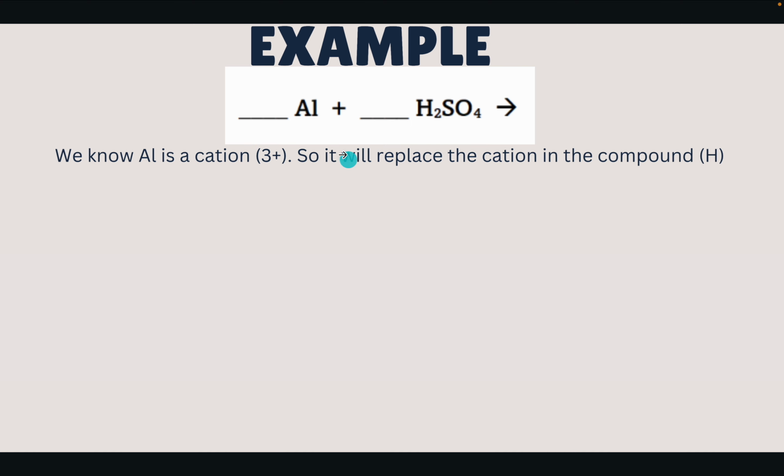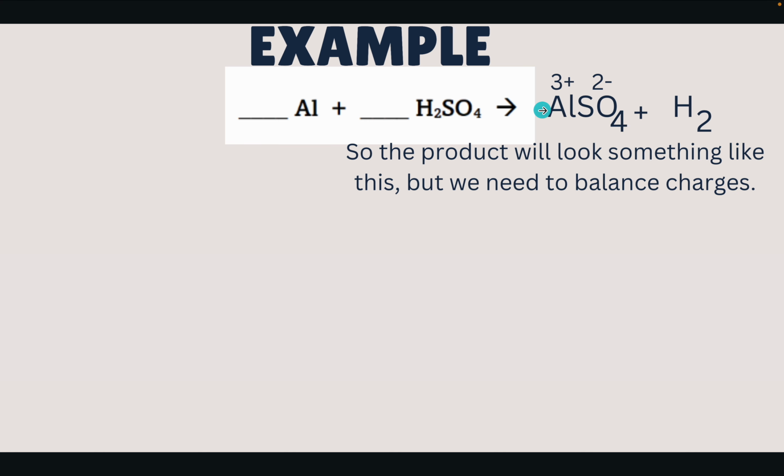So that means the aluminum is going to replace this hydrogen here, because cations always replace cations, and anions will always replace anions. So the product here is going to be, look, the aluminum kicks the hydrogen out and takes its place, giving aluminum sulfate, and then the hydrogen is by itself.